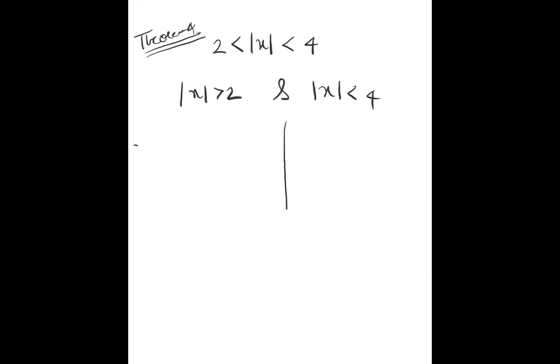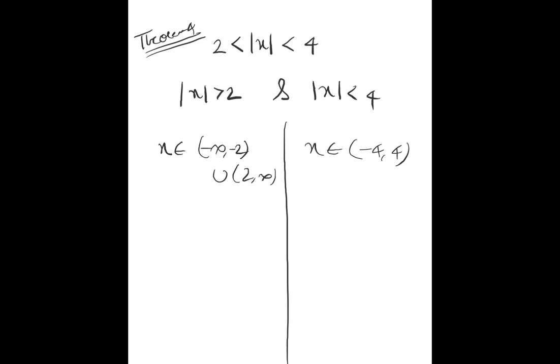So if you solve it separately, x should be less than, now. So you can easily tell it is -4 and +4. Then you will mark it here. Then you will mark this also.